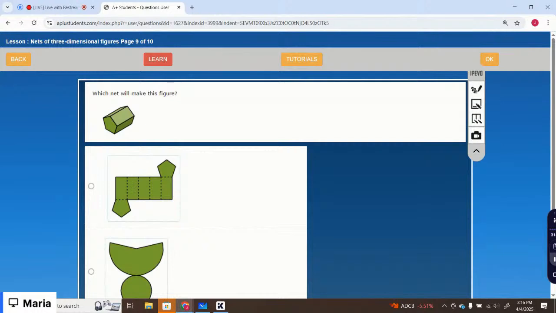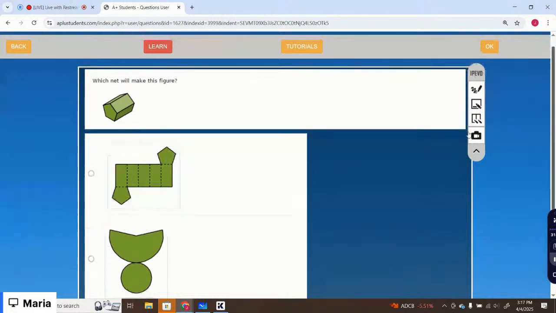Which net will make this figure? Which is the correct option? Option number one it is.